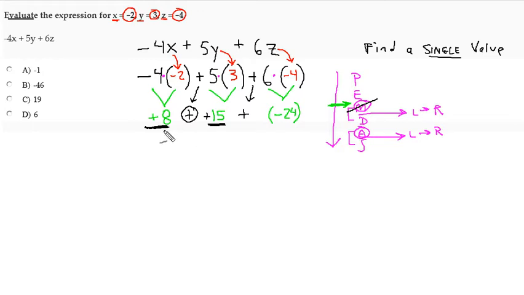We have a total of, and I might work off to the side to help myself perform addition correctly. 5 plus 8 is 13. Carry a 1. 1 plus 1 is 2. So if I have $8 in one pocket, 15 in the other, I have a total of $23. We copy this down and this symbol down because we haven't dealt with them yet.